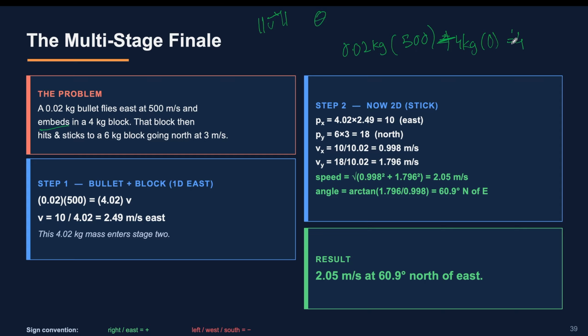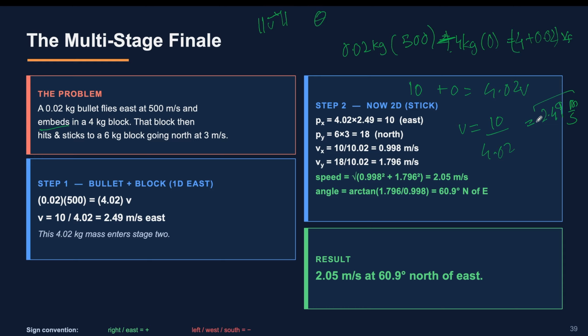Both the masses are going to be combined. 4 plus 0.02 times velocity final. So 500 times 0.02 is 10, right? 10 plus 0 is equal to 4.02 v. V is equal to 10 divided by 4.02, or 2.49 meters per second.